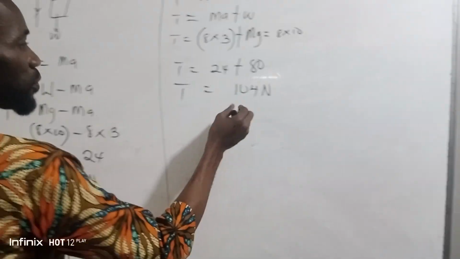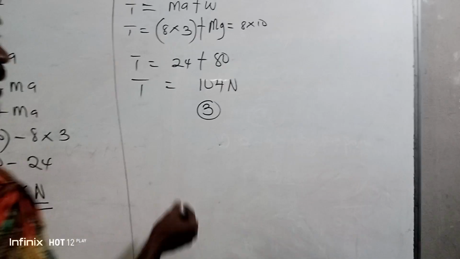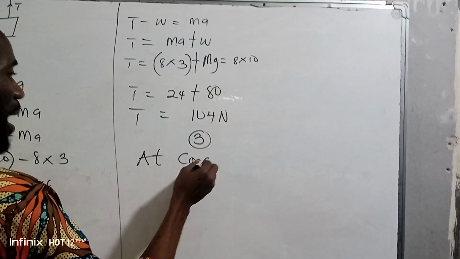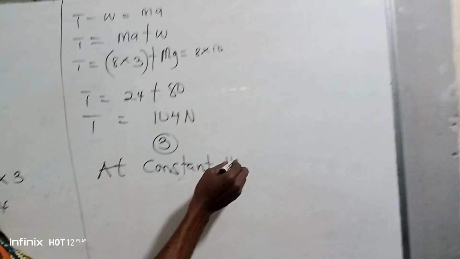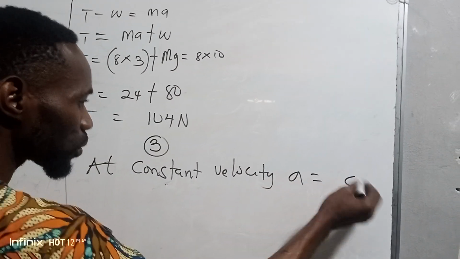And number three, we are told to calculate the apparent weight when the lift moves at constant velocity. So the lift is moving at constant velocity. We know that at constant velocity, acceleration a is equal to 0.